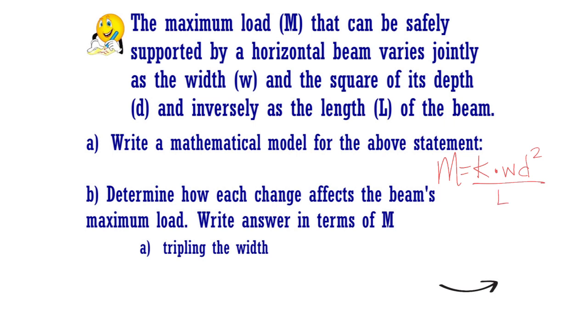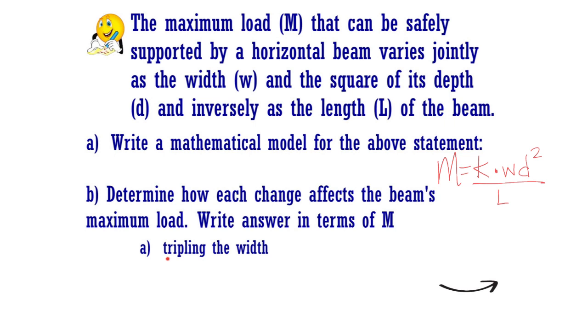So we put L underneath here. That's sort of our formula. Now, what we're really doing is it says, determine how each change affects the beam's maximum load. I'm not giving you numbers. We're just going to see what's going to happen to your formula. This is the standard formula right here. What changes on that as we do something?